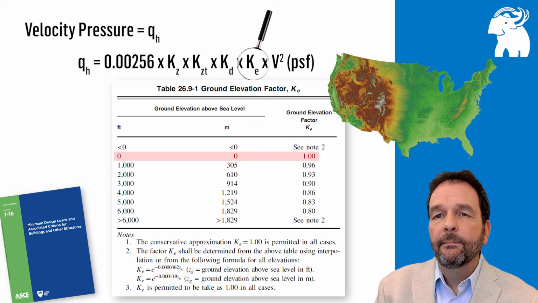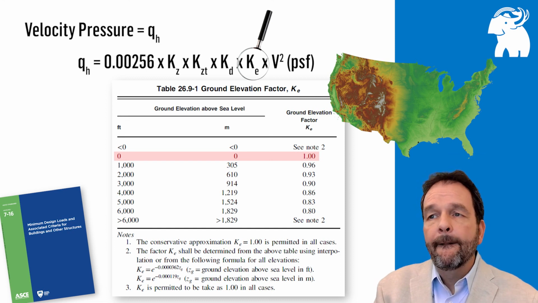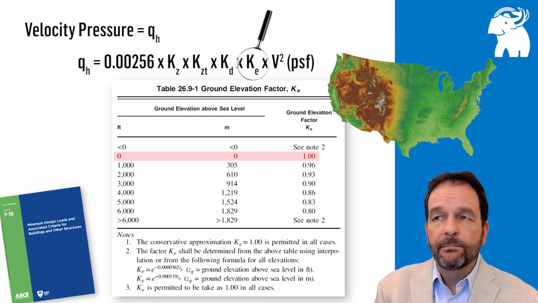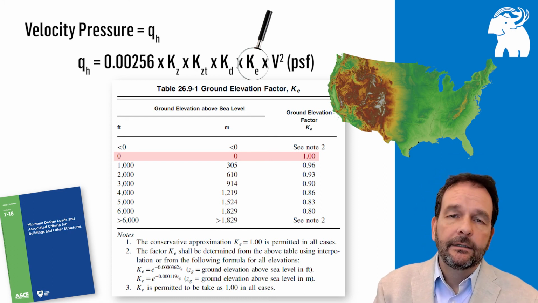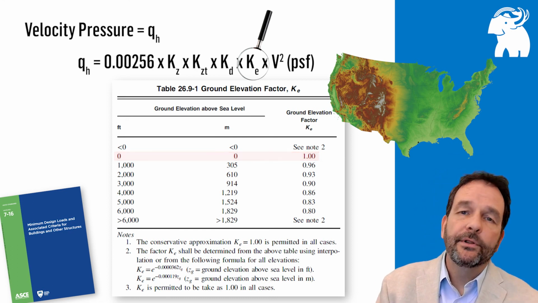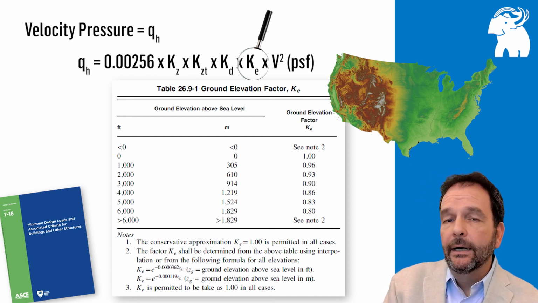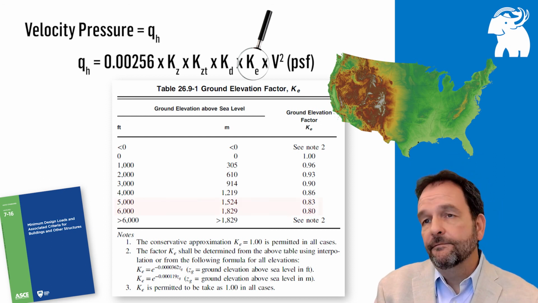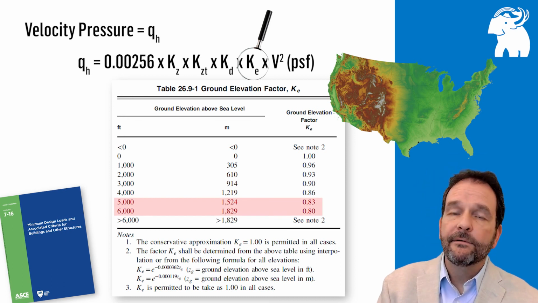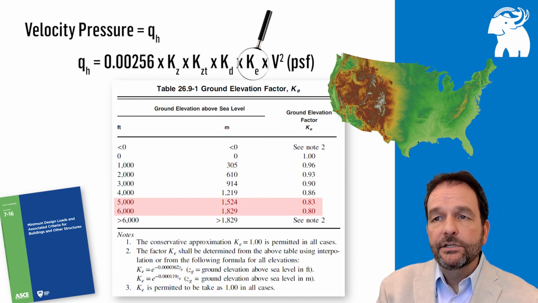But if your building is located in a higher elevation, you can actually calculate this K sub e, or you can simply pull it from the table here and interpolate. For example, let's say your building's in Denver, Colorado. That's a mile-high city. Let's say it's 5,280 feet above sea level. Your K sub e would be 0.82.